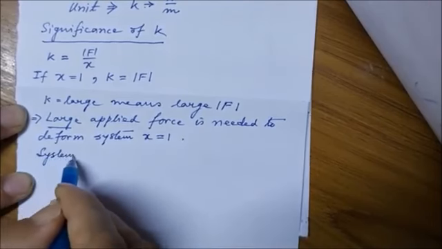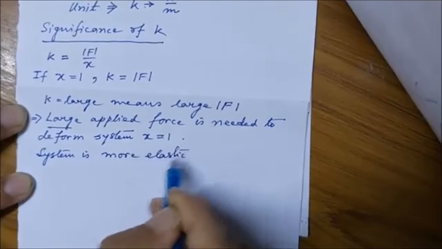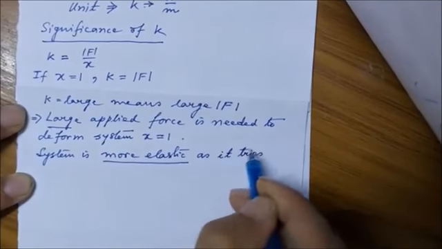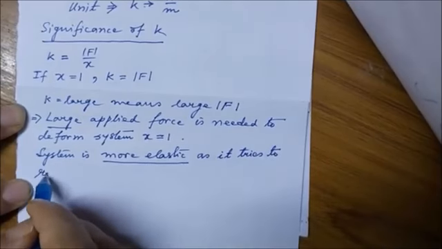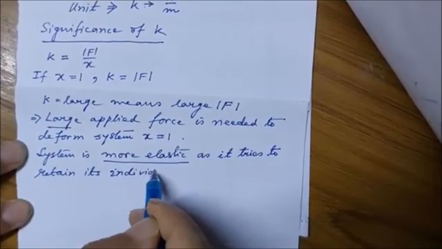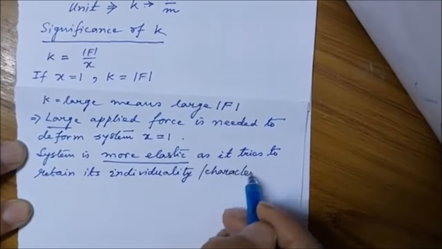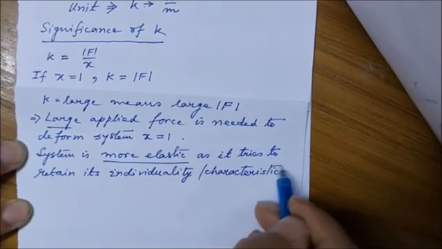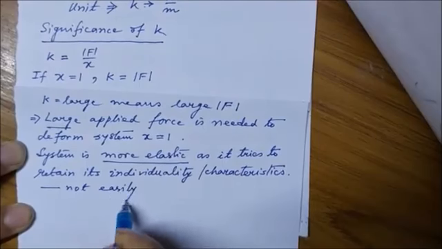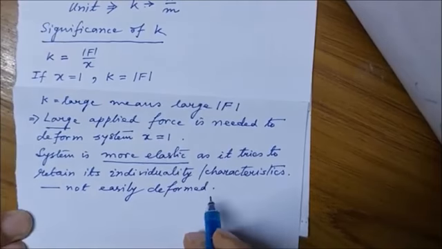The system is more elastic as it tries to retain its individuality or characteristics. So it is not easily deformed. The system is not easily deformed. It doesn't listen to us easily.